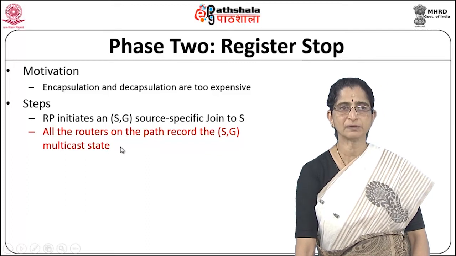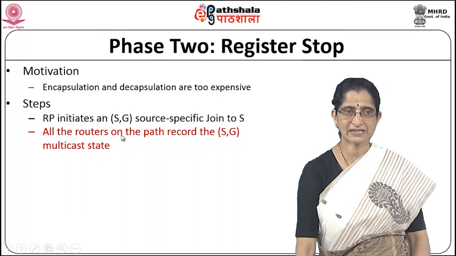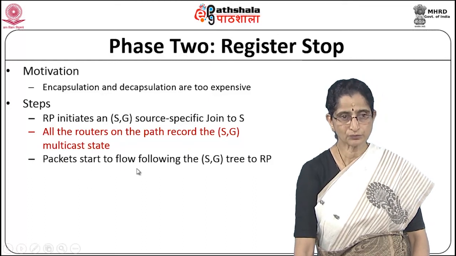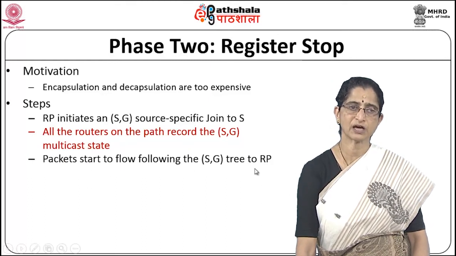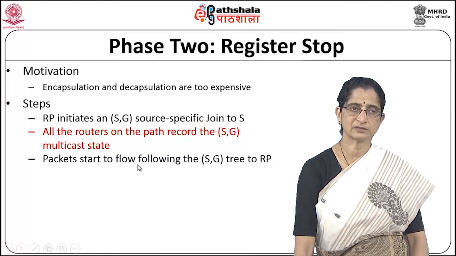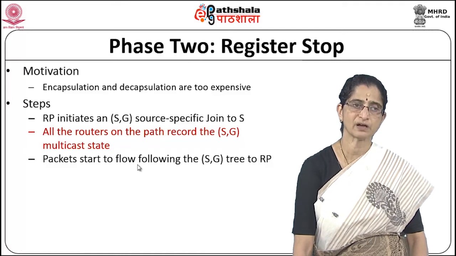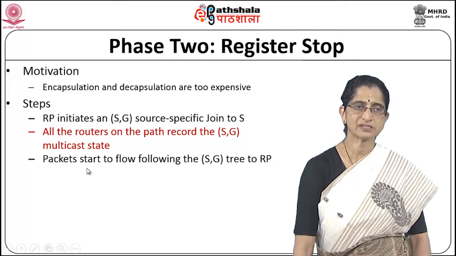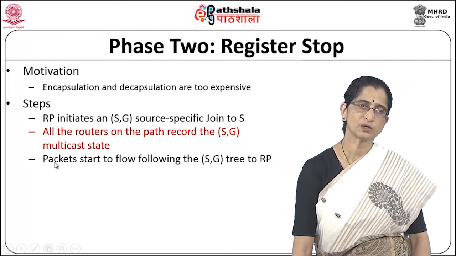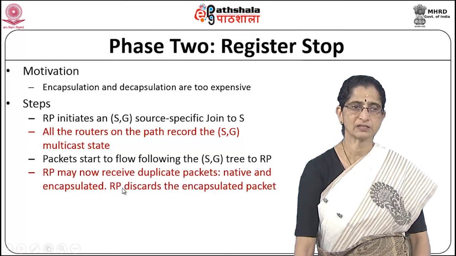That is the information that will be set up along this path. So now packets can start to flow following the S comma G tree to the RP. That is, we do not need to do unicasting or tunneling of the packet. Instead, a multicast packet sent by the source can directly be sent as a multicast packet itself towards the RP.